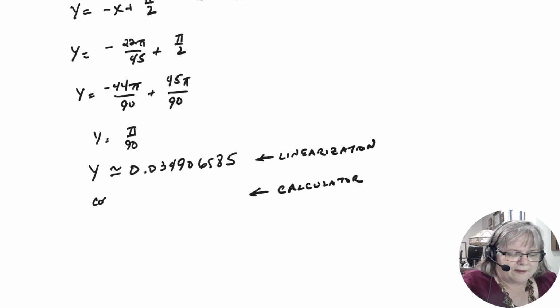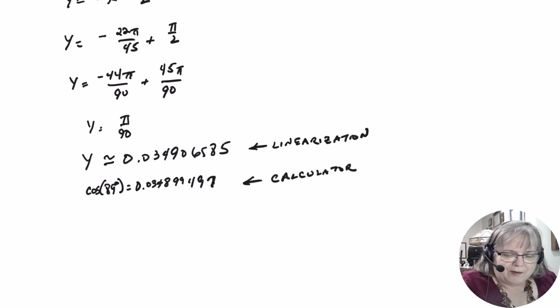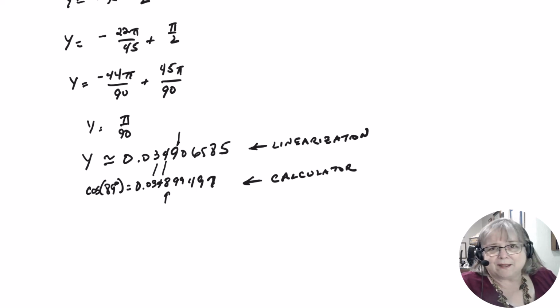Cosine of 89 degrees turns out to be about 0.034899497. I just got tired of writing at that point. Now, those look pretty close, right? They're both 0.03, both got a 4 after it. Now, this one goes to 9, and this one is 899, which seems pretty close.